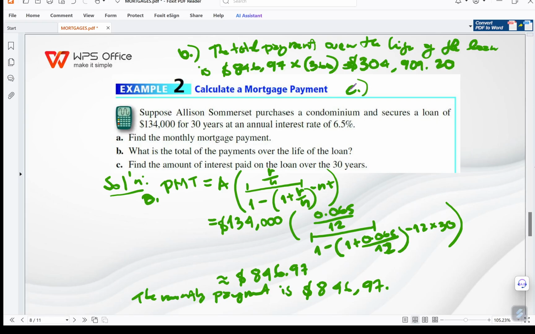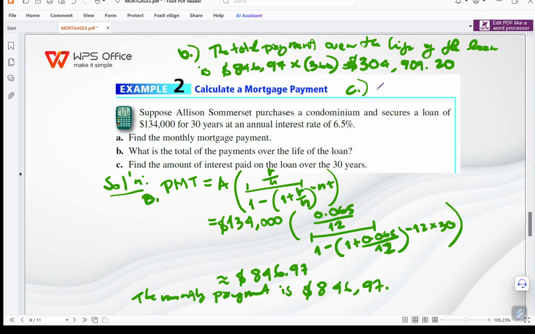Find the amount of interest paid on the loan over the 30 years. That is easy. We just take the original price, which is $134,000, and letter B, the payment to be made for 30 years.